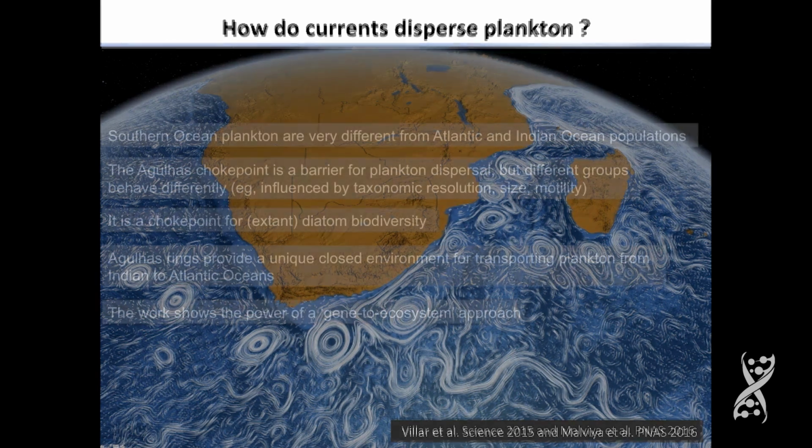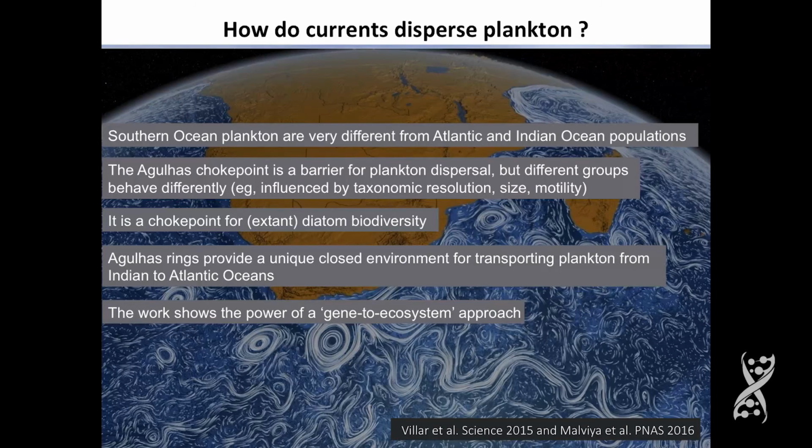So we did a major study of this process, and we found that Southern Ocean plankton are very different from the Indian Ocean, and we found that this region of the ocean circulation is very much a choke point that really limits plankton passage from the Indian Ocean into the South Atlantic Ocean.